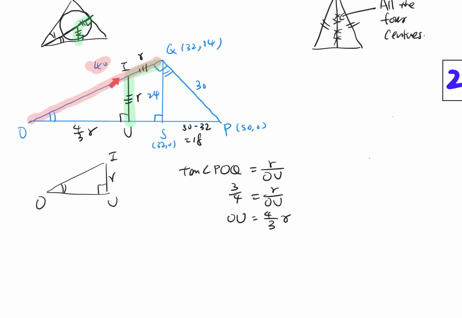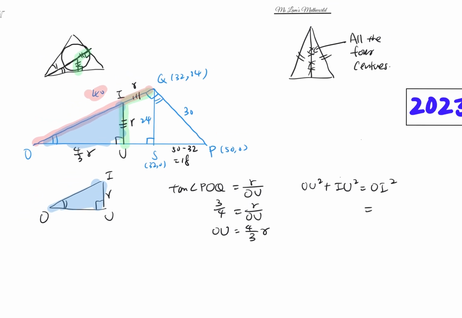So how to find OI? Of course, it is from Pythagoras theorem, right? If I want to find the value of OI, we get OU square plus IU square equals OI square.